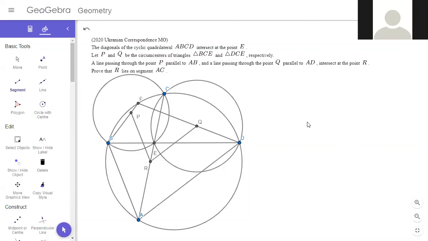Try finding RP and then using sine law or something, because sine law also contains circumradius.